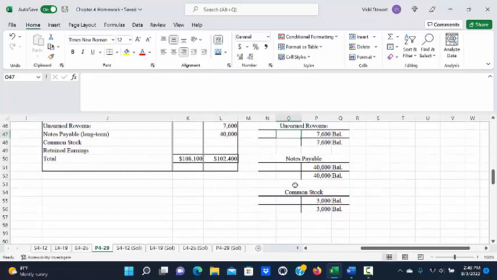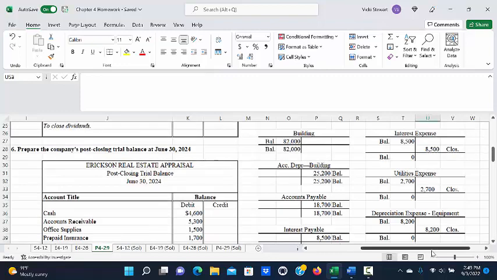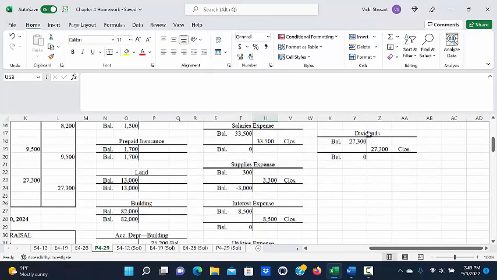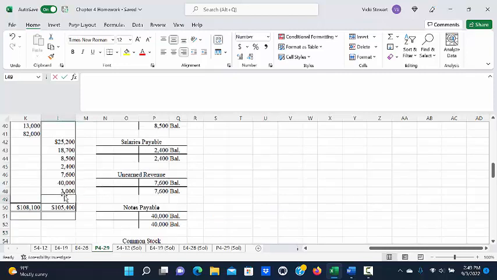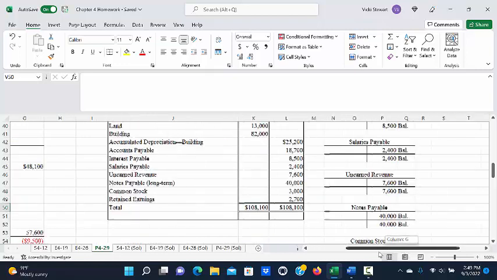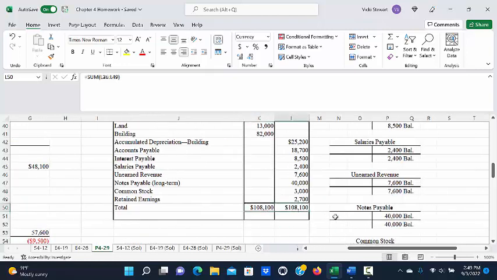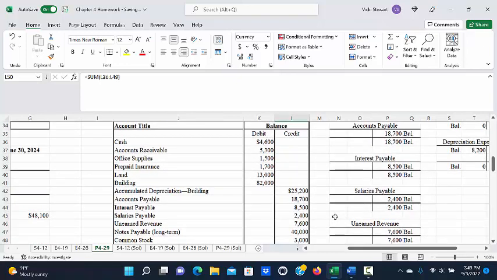Our common stock is $3,000, and then if you remember, our ending balance in our retained earnings that we just finished was $2,700, and that will be the last entry in the post-closing trial balance. And we can see that we are in balance. Our debits and our credits are both $108,100, and so all of our accounts have been closed.